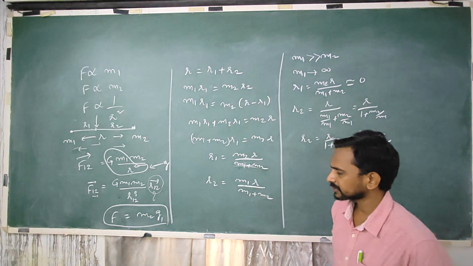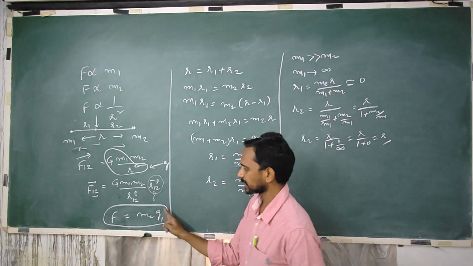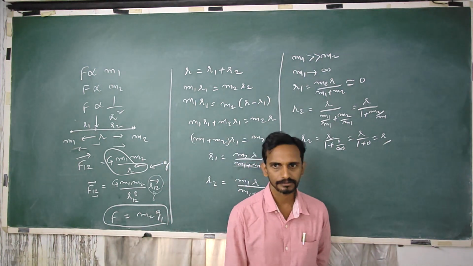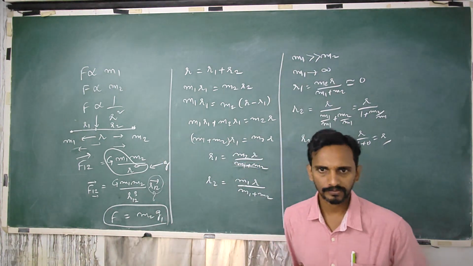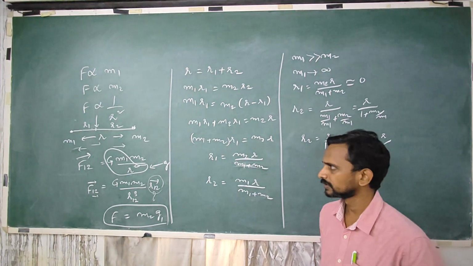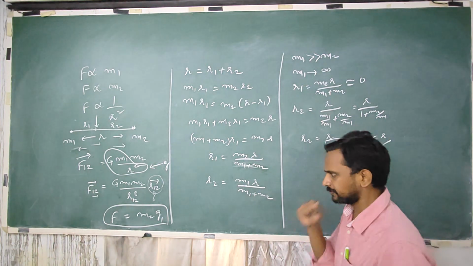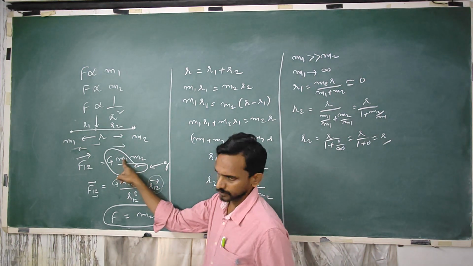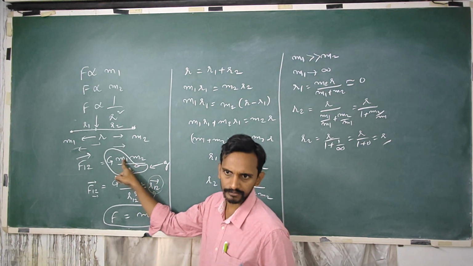So what are all the factors that this depends upon? The gravitational pull offered by Earth or Moon or any planet, any massive object, depends on the mass of Earth, let's say.